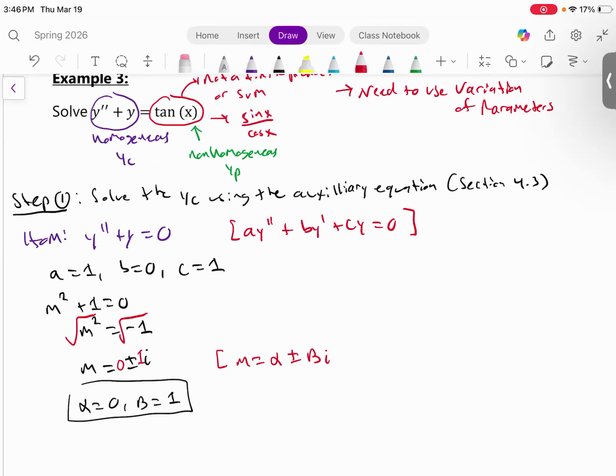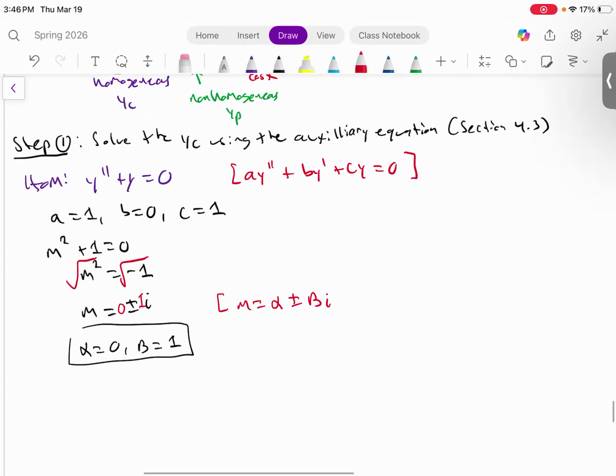And just remember that the solution to a complex root constant coefficient equation is y equals e to the alpha x times c1 cosine of beta x plus c2 sine of beta x.